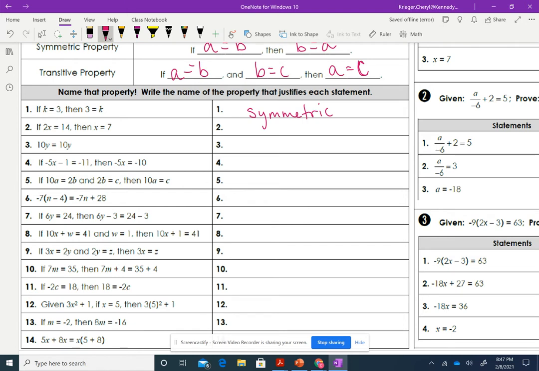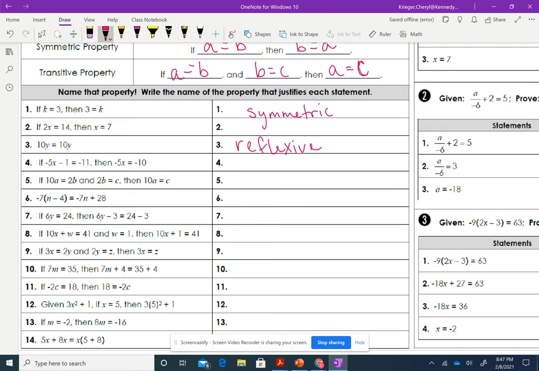Number 3, 10y equals 10y. Same thing on both sides of the equal sign. For any number, A equals A, that is the reflexive property of equality. Oh, I wrote that in the wrong spot. Sorry, guys. Number 3, reflexive.